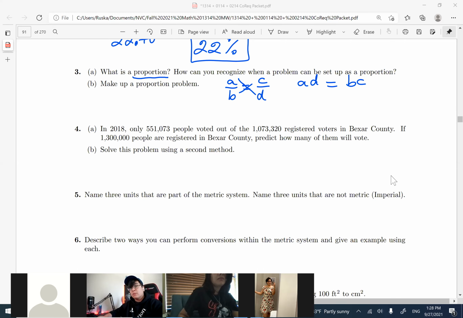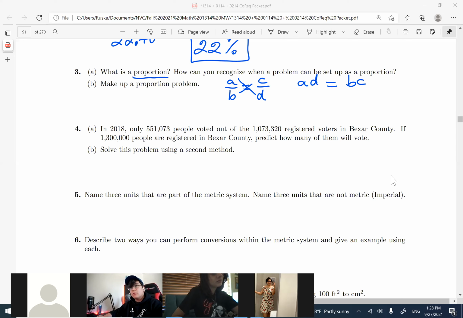So if you have how many registered, how many vote, we have to solve it. You can use proportion or however you want to solve this. How are you going to set up an equation to solve it? Any ideas? They ask you to use another method to solve it, but let's do it with one method.